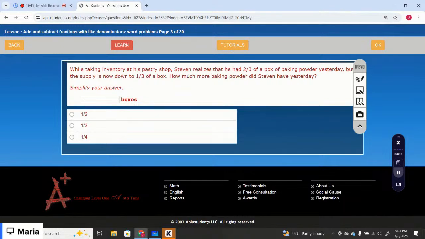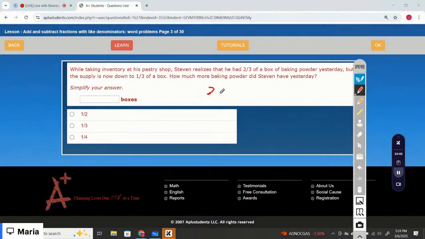While taking inventory in his pastry shop, Stephen realizes that he used two-thirds of a box of baking powder yesterday, but the supply is now down to one-third of a box. How much more baking powder did Stephen have yesterday? So, which is the correct option? That is 2 by 3 minus 1 over 3.